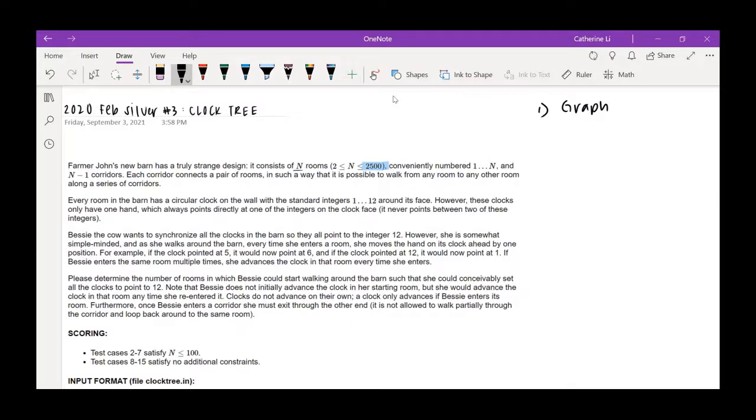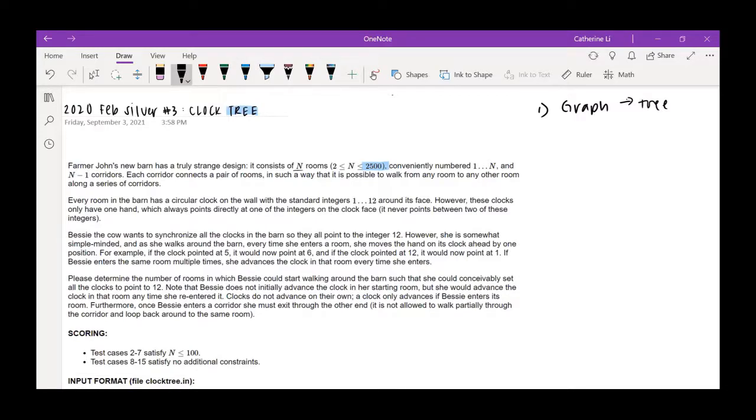And also, the fact that we have n rooms, so n nodes, and then n minus 1 edges between them, and we can reach every node from every other node means that we have a tree specifically. So yeah, I think if you've seen trees a few times, then you can probably see this. Also, the name of the question is clock tree, which is nice.